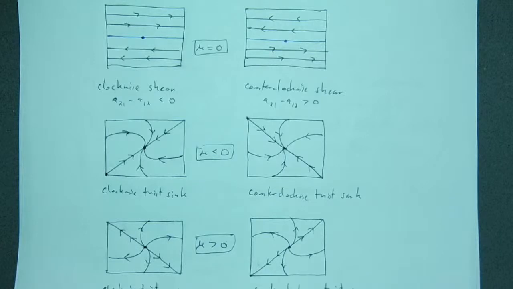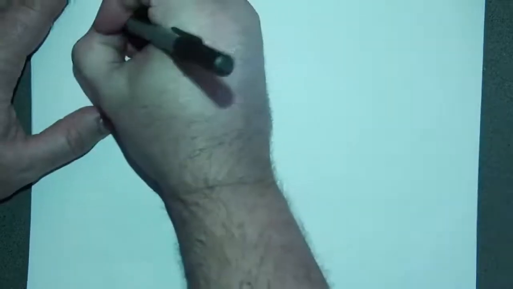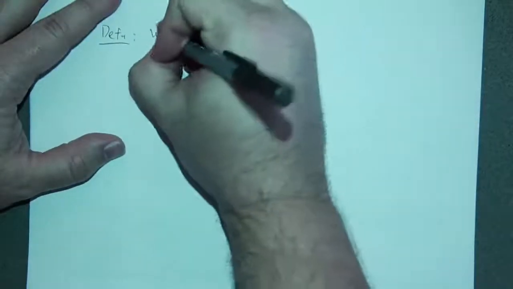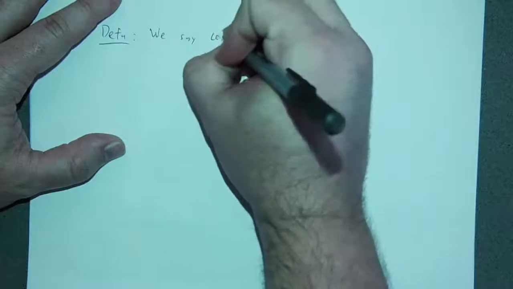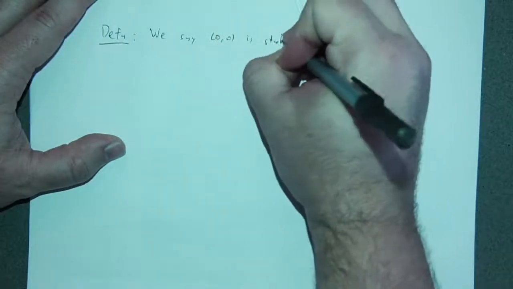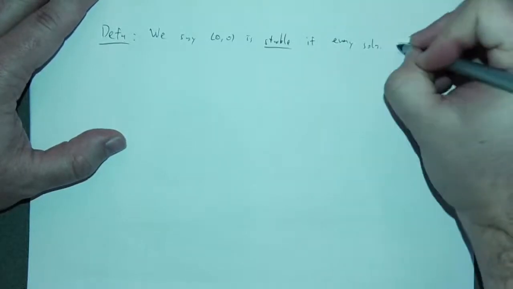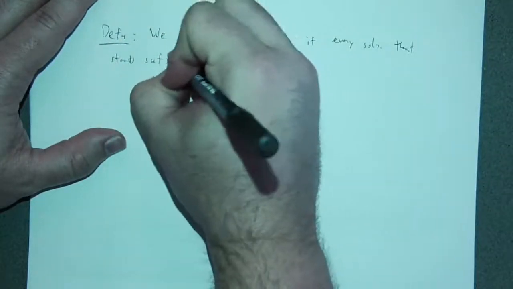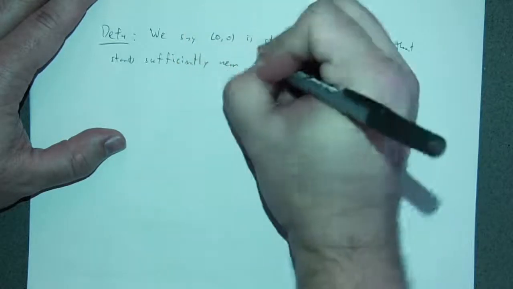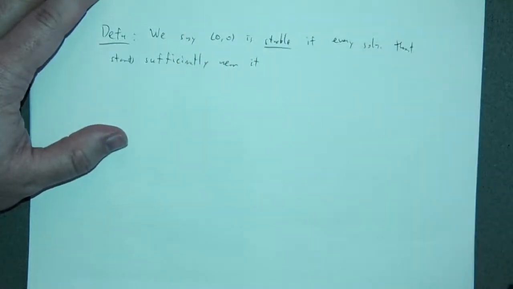The question of whether you're stable or unstable, and what that means in terms of these pictures, because there are stronger conditions we can talk about. So just to remind you, this is the same definition as before. We say the origin (0, 0) is stable if every solution that starts sufficiently near it will stay arbitrarily close to it.